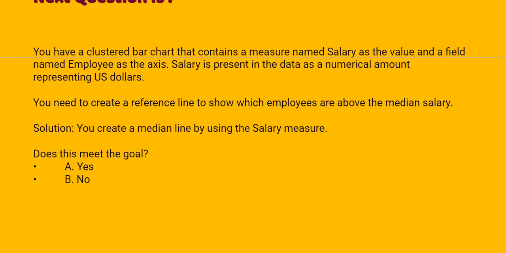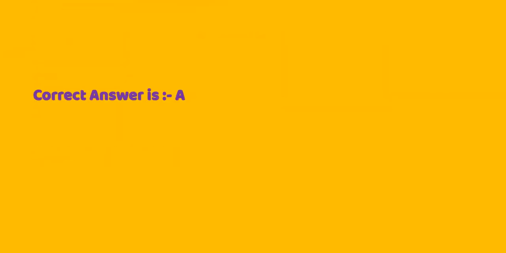Solution, you create a median line by using the salary measure. Does this meet the goal? Option A, yes. Option B, no. Correct answer is option A, that is yes.